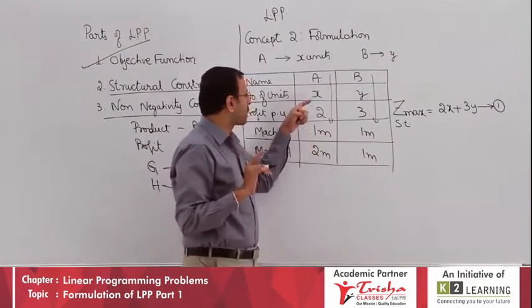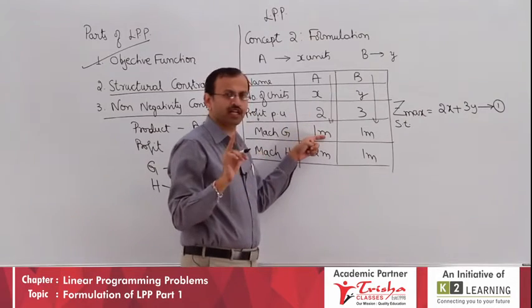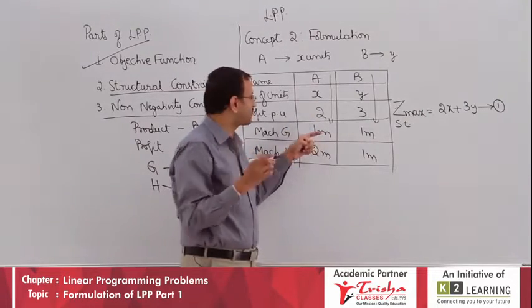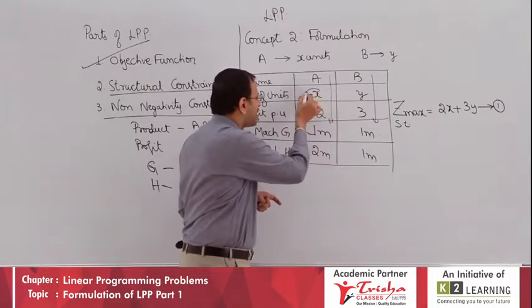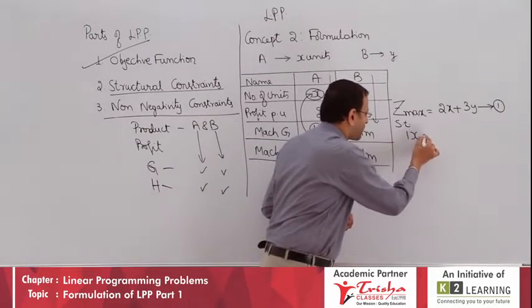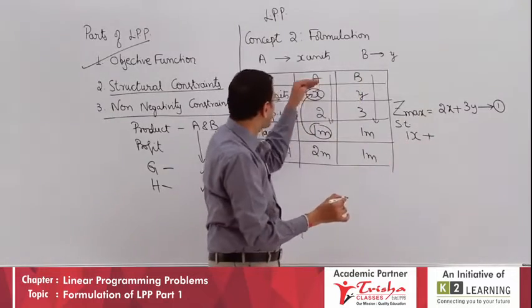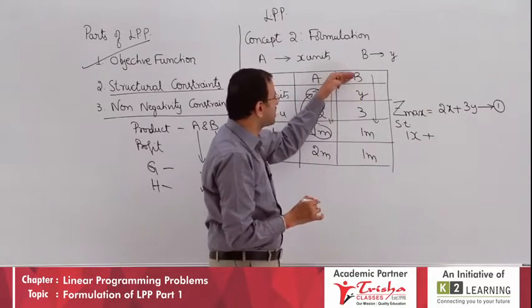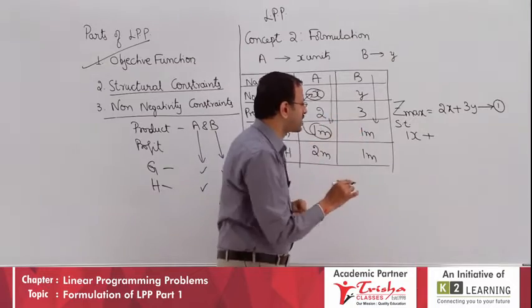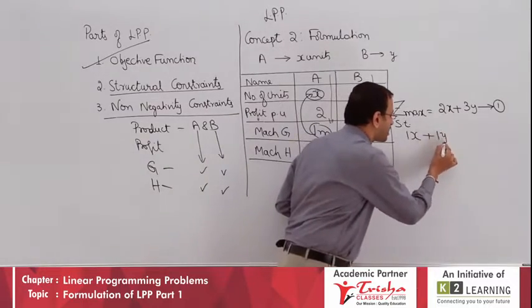Observe carefully. 1 unit of product A takes 1 minute; 10 units means 10 minutes. If there are x units, how many minutes are gone? 1x minutes gone. This is on machine G for product A. Similarly, 1 minute on product B; if there are y units, 1y minutes are gone.